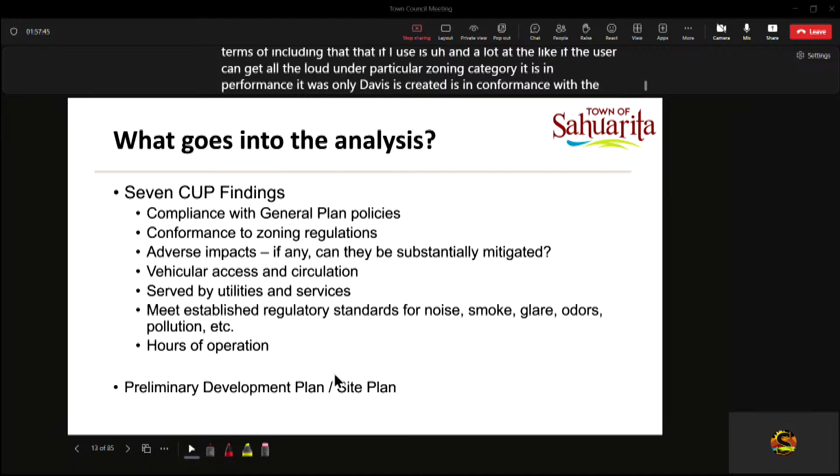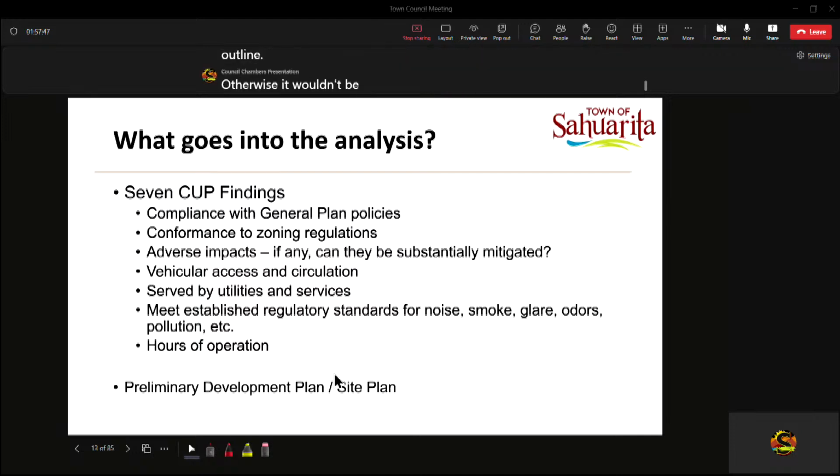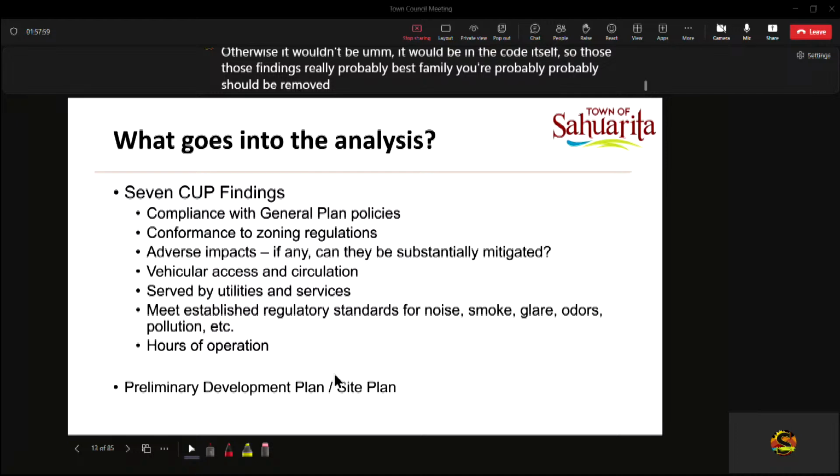That's just by definition. Otherwise, it wouldn't be listed in the code itself. So those findings really probably, next time we do a code review, should be removed because they really have no meaning. I think it creates confusion.